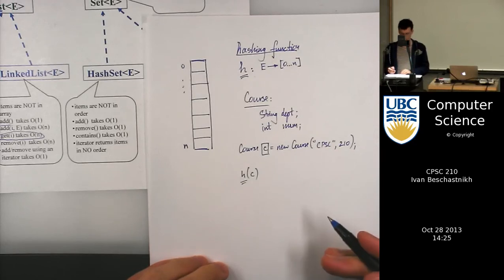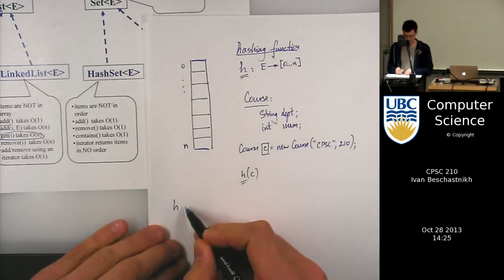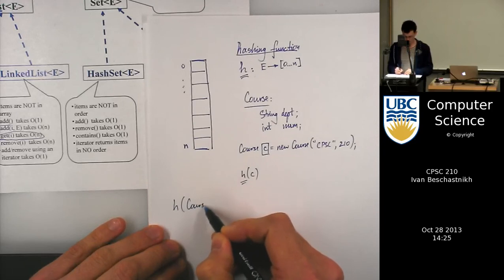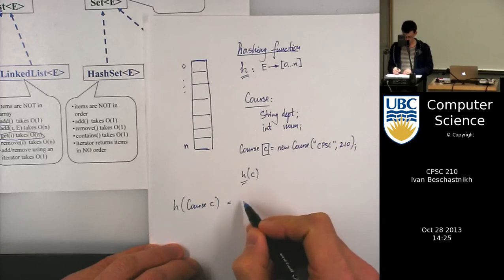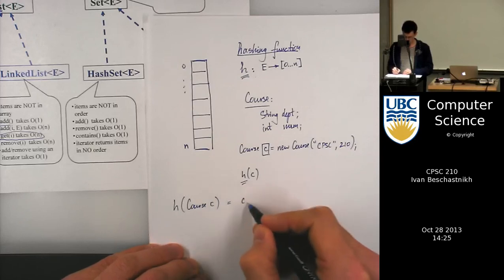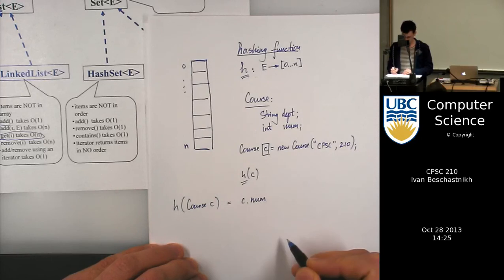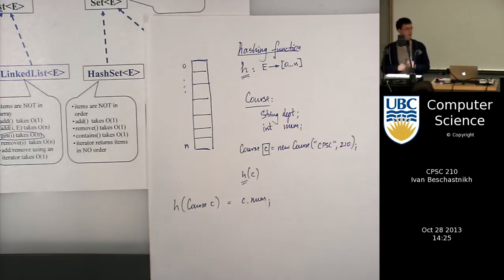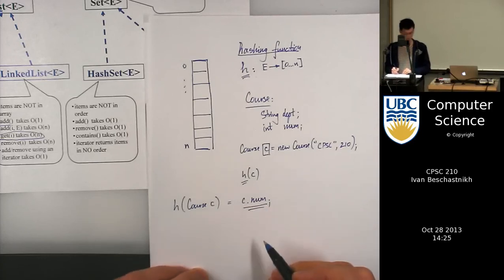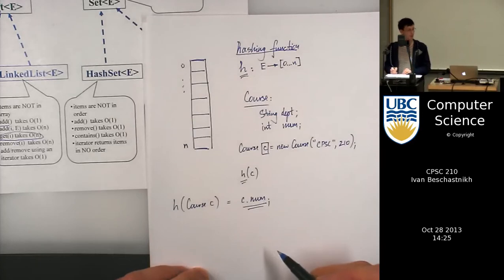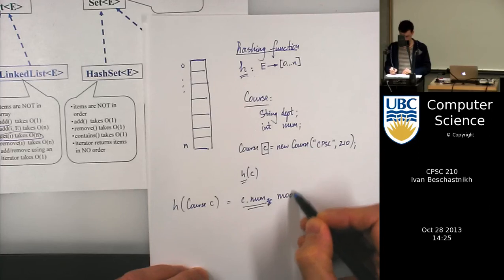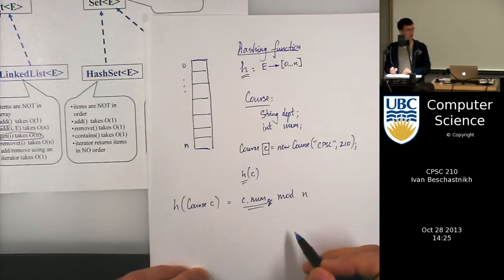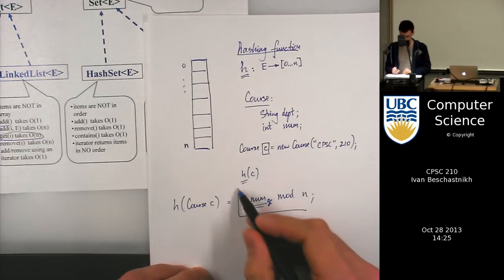So one way in which I can hash things, I can say, H takes a course C, and it's going to give me C.num. For instance, this could be a hashing function. Right, so it returns some number. You need it to be between 0 and n, so maybe what I'll do is C.num, and then I'll actually do modulo n, to do modular arithmetic, and I'll return this number.